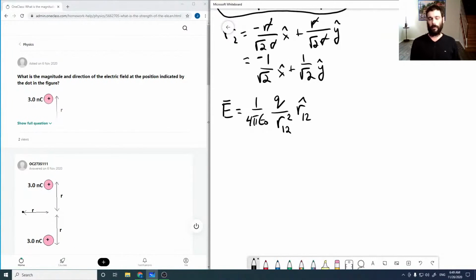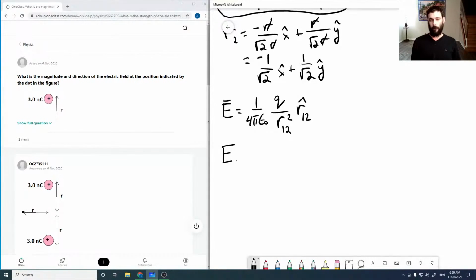So this is the distance between the charge and the point, and the unit vector between the charge and the point. So we've got two charges, 2 points, so our total electric field will just be the sum, but we can break it up into the different pieces.